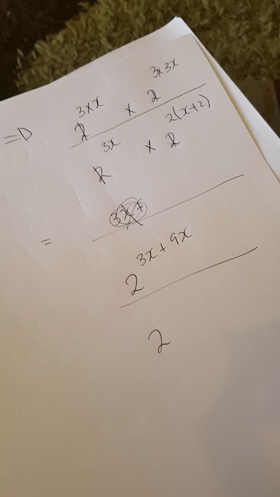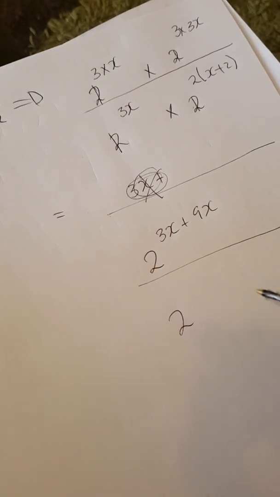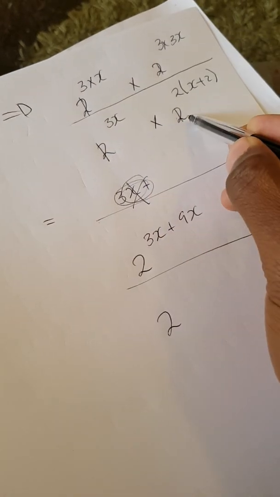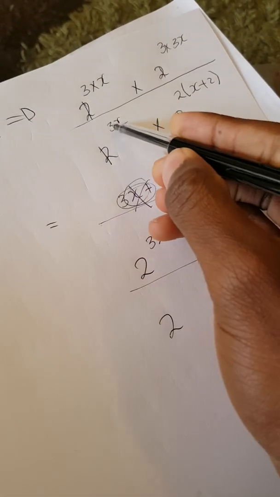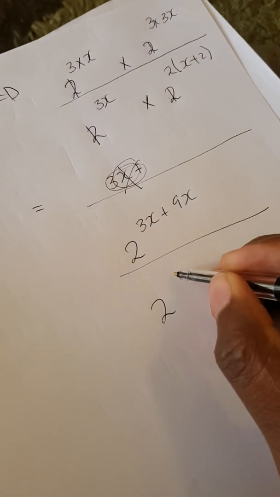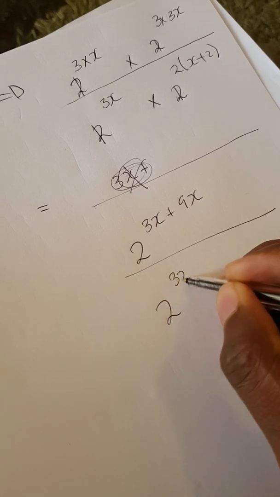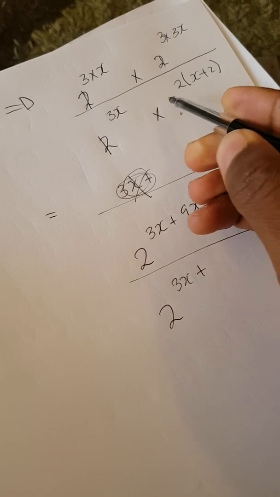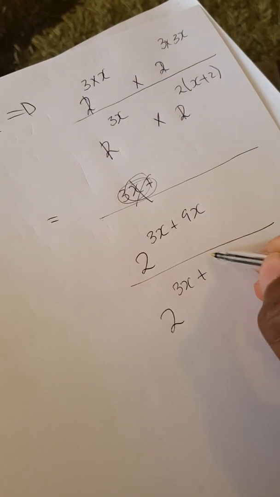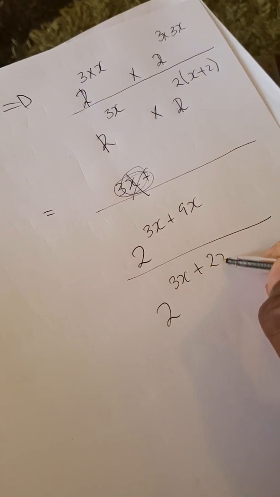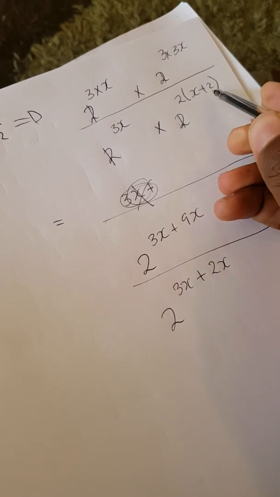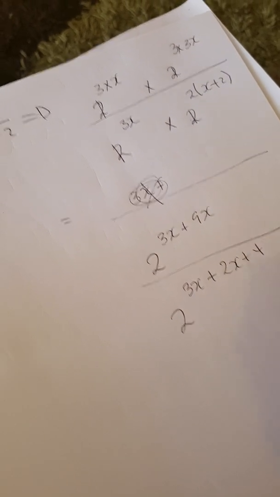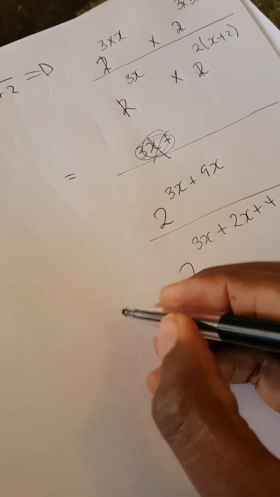Okay, so we add the exponents because we are multiplying. So from the numerator, we only take one base, which is 2, and then we add the exponent. So it's going to be 2 to the power of 3x plus 2 times x, you're going to get 2x, and then 2 times 2, you'll get plus 4. Okay, this is what you will get here.